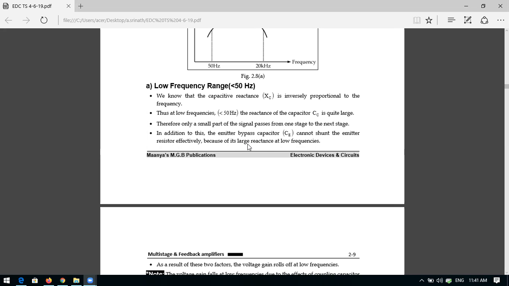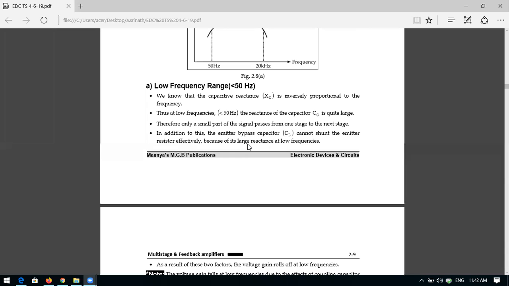So in the low frequencies, less than 50 Hz, the frequencies are less. So the reactance of the capacitor CC is quite large. That means the resistance offered by the coupling capacitor is more.